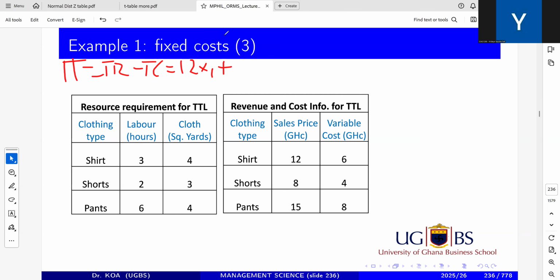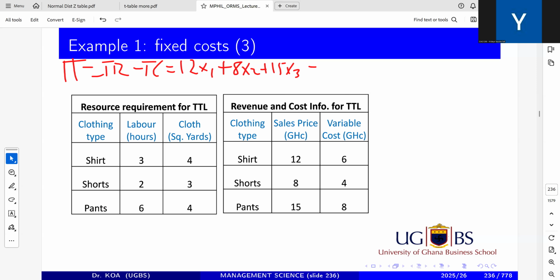What you just wrote was for shirt. You need to add the rest. Okay, so 12x1 plus 8x2 plus 15x3. Now that you have finished your total revenue for all of them, remember this is 15x3. Yeah, continue.